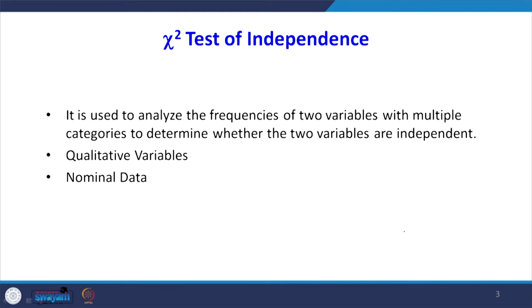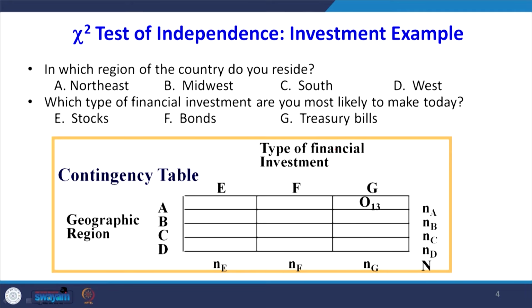Here we are going to have 2 categories. This is called a contingency table. There will be some values in the rows, some values in the columns. So we are going to see whether these are dependent or independent. With the help of an example, in the next slide I will explain.